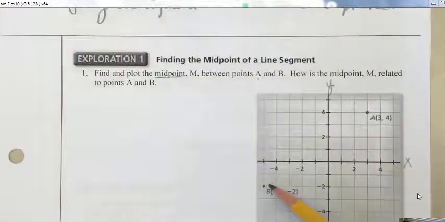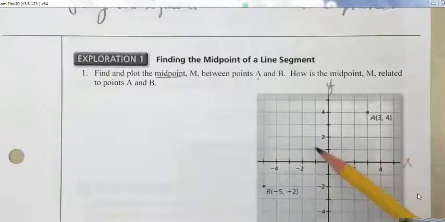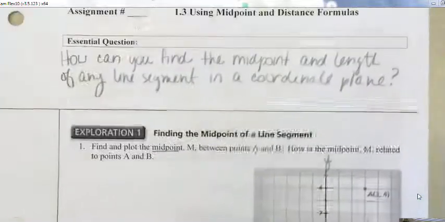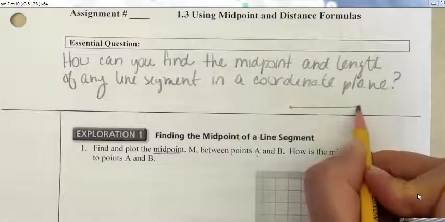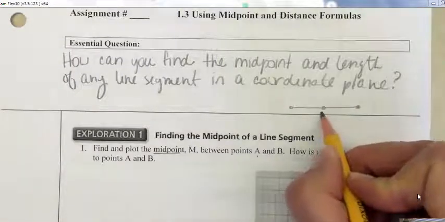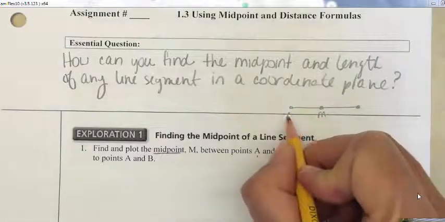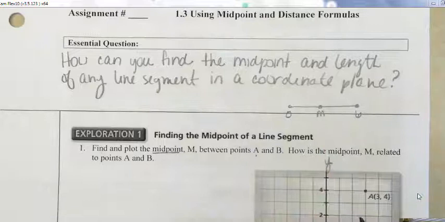So if I'm looking at A and B and I'm trying to find the middle of them, it's a little bit tricky because it's a diagonal line. It's a lot easier to find the middle if I were to give you a horizontal segment, and maybe you knew that this was at 0 and this was at 6, then you would know that the middle was at 3.